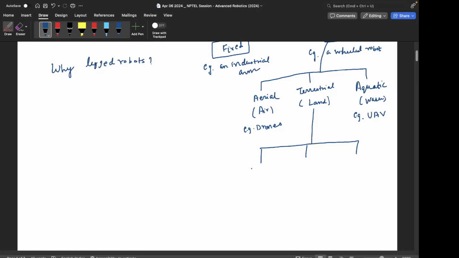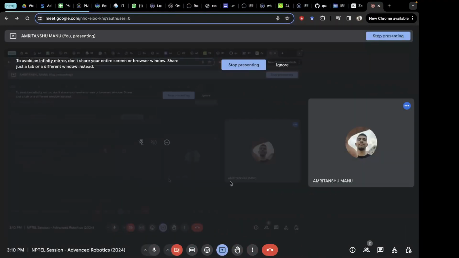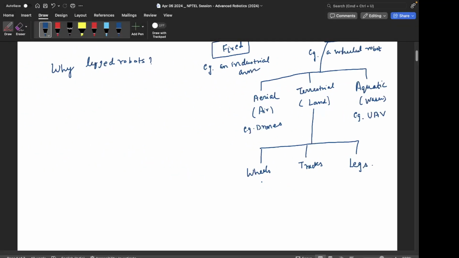So very commonly used classification is that either it uses wheels or tracks. Tracks is like chain kind of a thing, which you have seen in tanks, heavy duty tanks, and finally legs, right? So wheels, tracks, or legs.